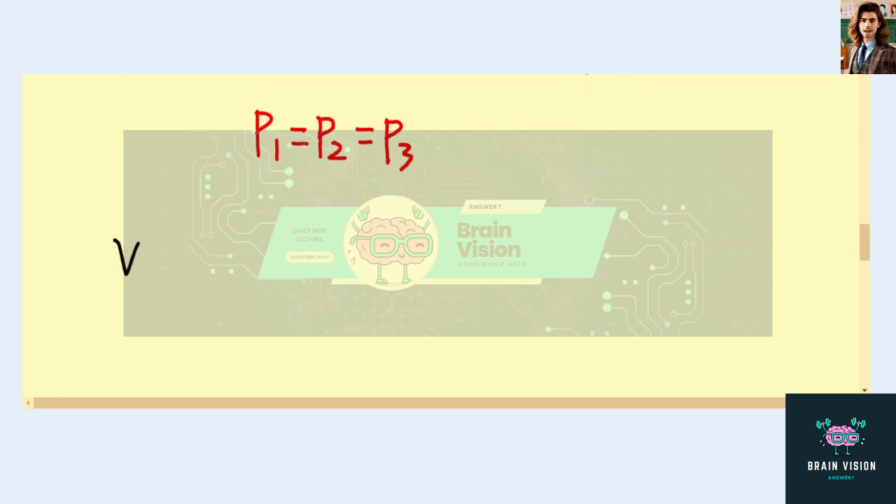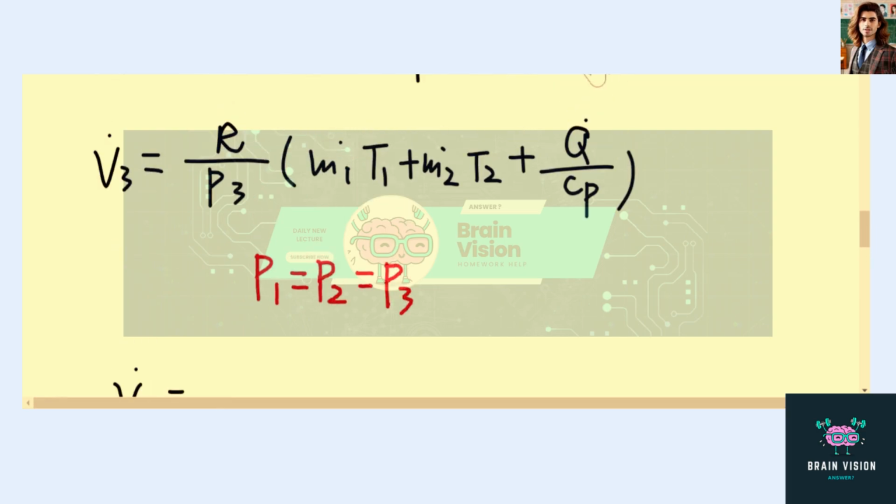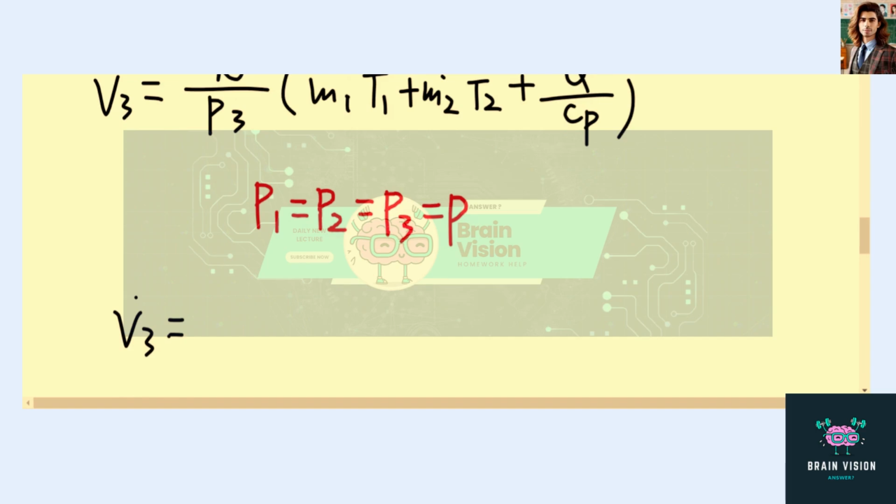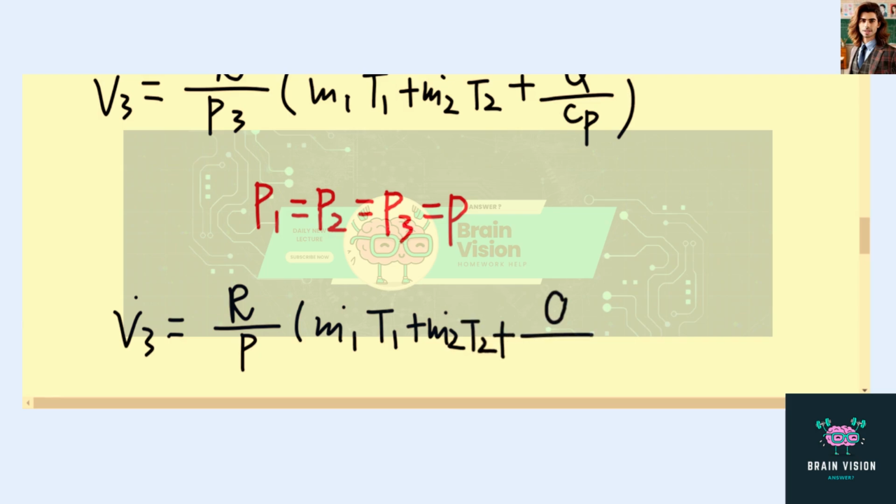Let me just use P here so it looks more organized. So we have V3 dot equal to R over P times M1 dot T1 plus M2 dot T2, plus Q dot over Cp.